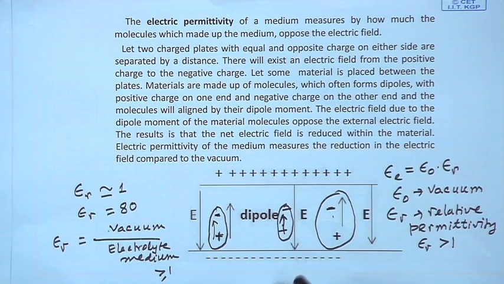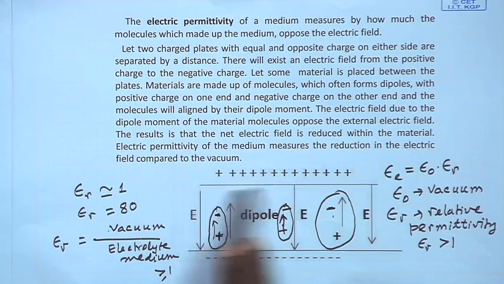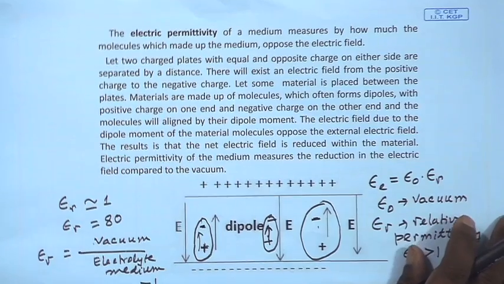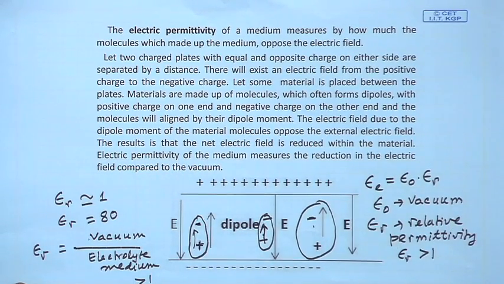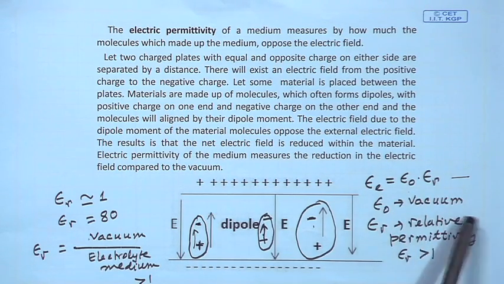Okay. Now, obviously, the electric field generated by these charges is not the same, and it depends on what type of medium you are considering. Normally, the permittivity is represented as epsilon 0 into epsilon r. Epsilon 0 is the permittivity in vacuum, and epsilon r is the relative permittivity of the medium.